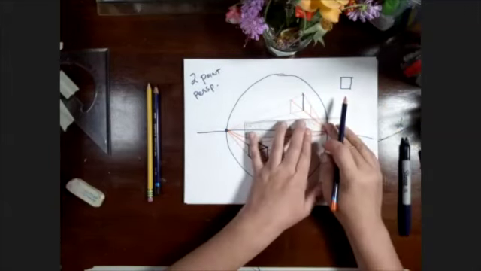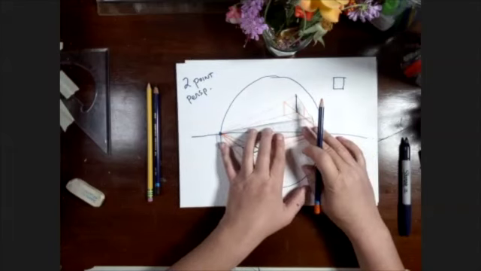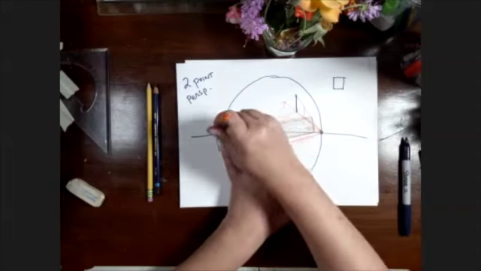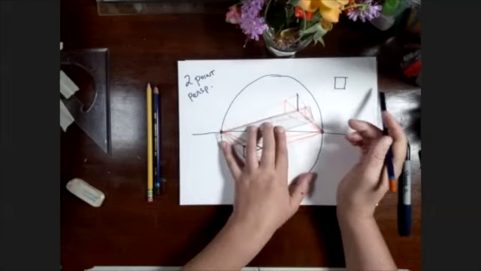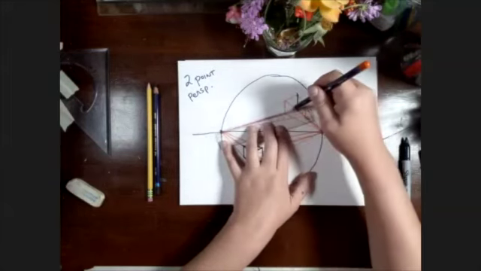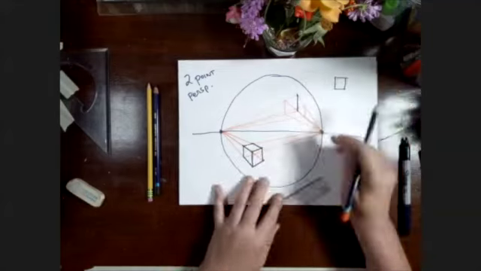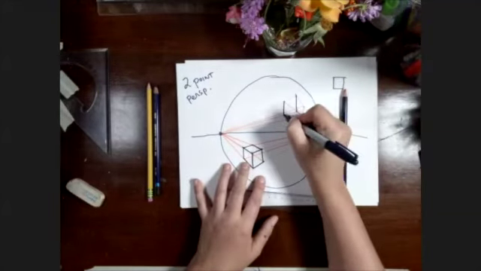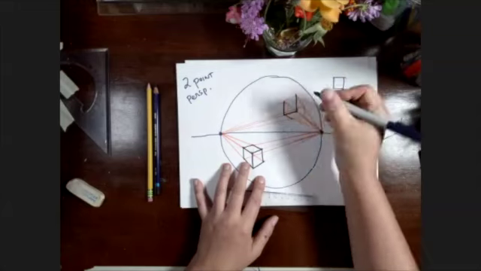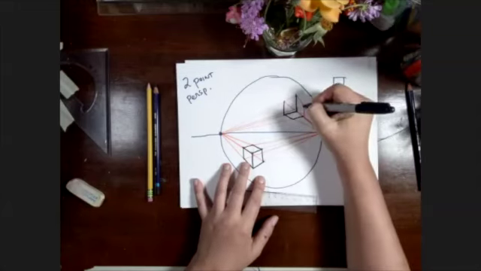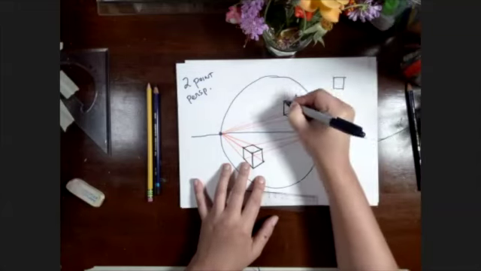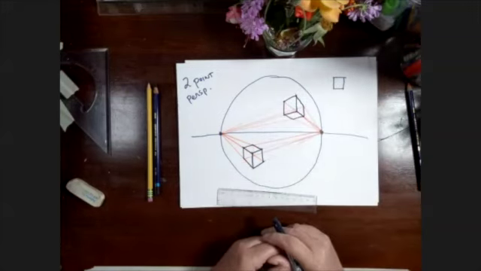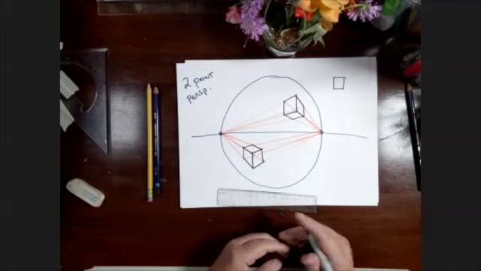And then I will need this one to go to the other point and this one to go to the other point. Okay, so then I can also make it more clear by using my other thing. So there's my front and back box. So that's the actual box itself if it were opaque.